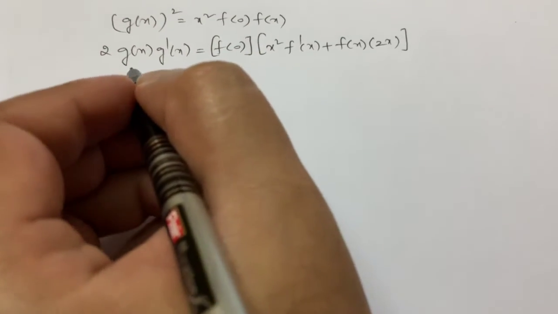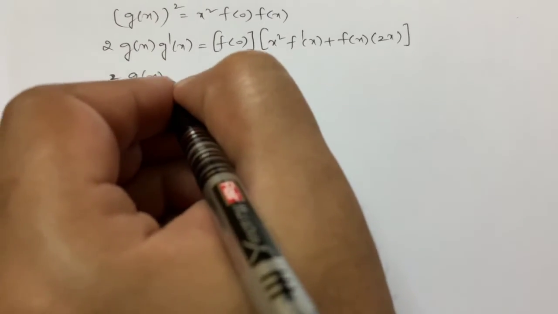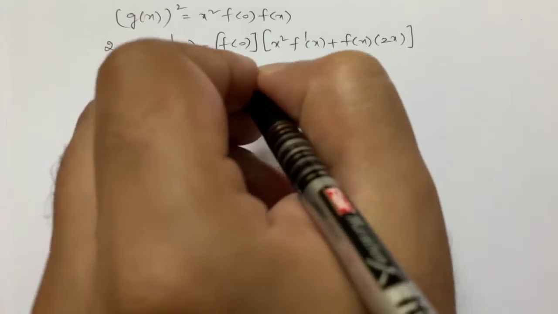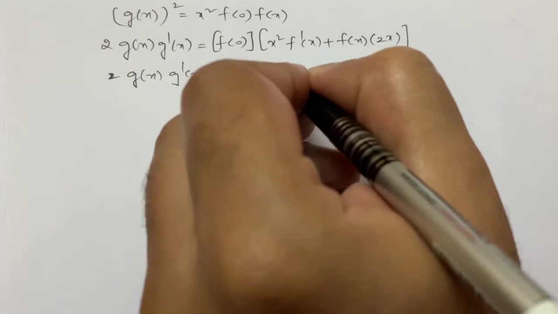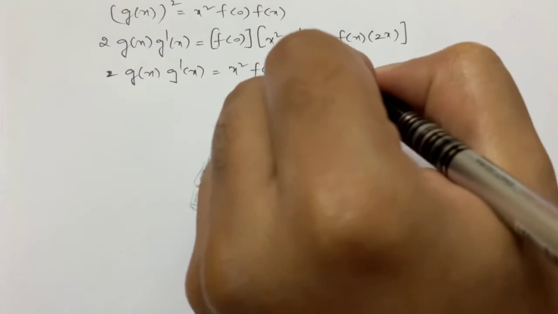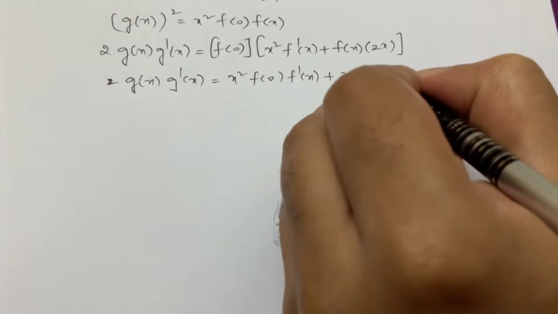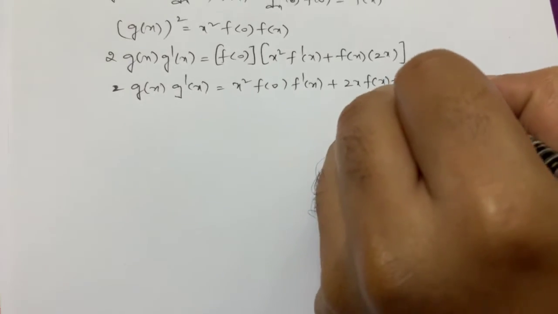So 2 g(x) g'(x) = x² f(0) f'(x) + 2x f(x) f(0).